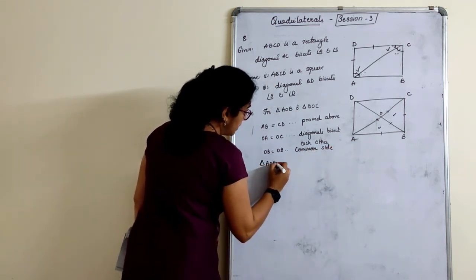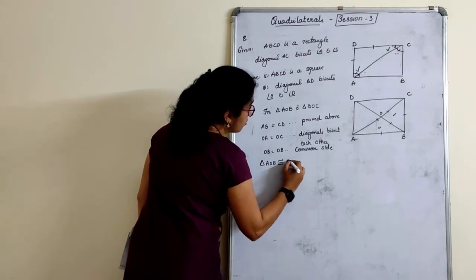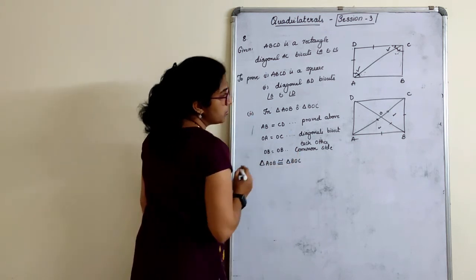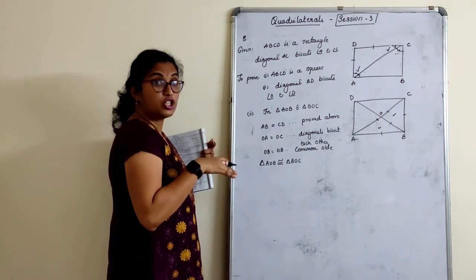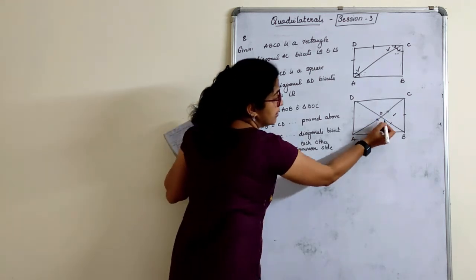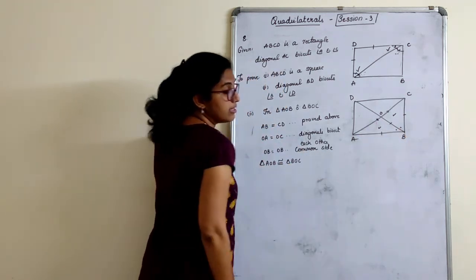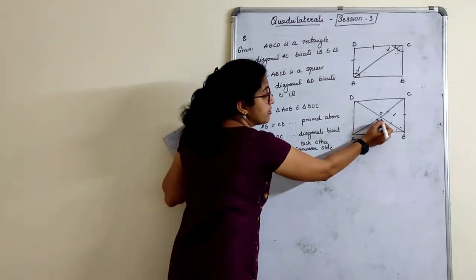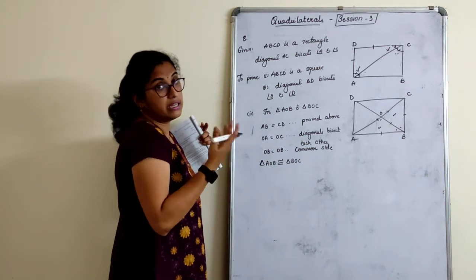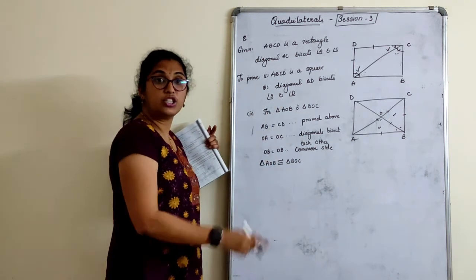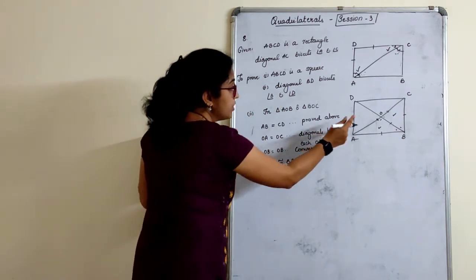Triangle AOB is congruent to triangle BOC. So we can actually prove the perpendicular bisection also later. See here, by CPCT, I can prove that these two angles are equal. I can also say that these two angles are also equal. Linear pair, 2 times that is 90 degrees, so the diagonals bisect each other at 90 degrees. I can prove it here too, right? But let us stick to what they have given.